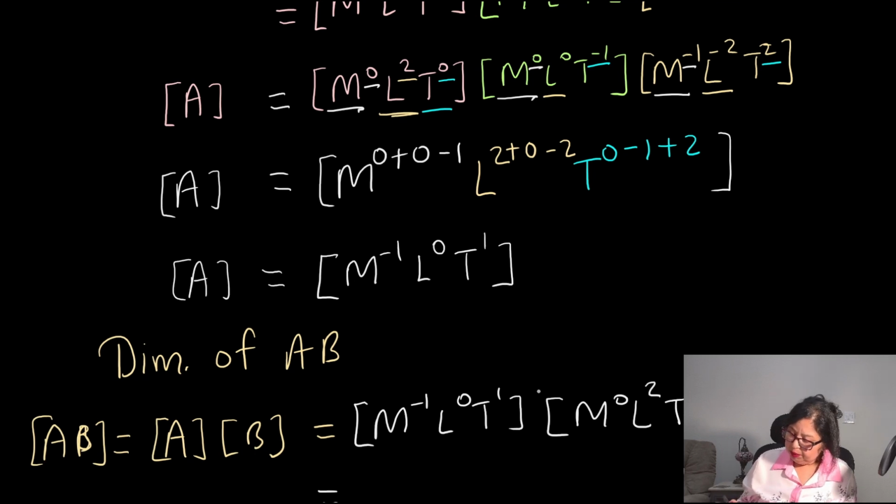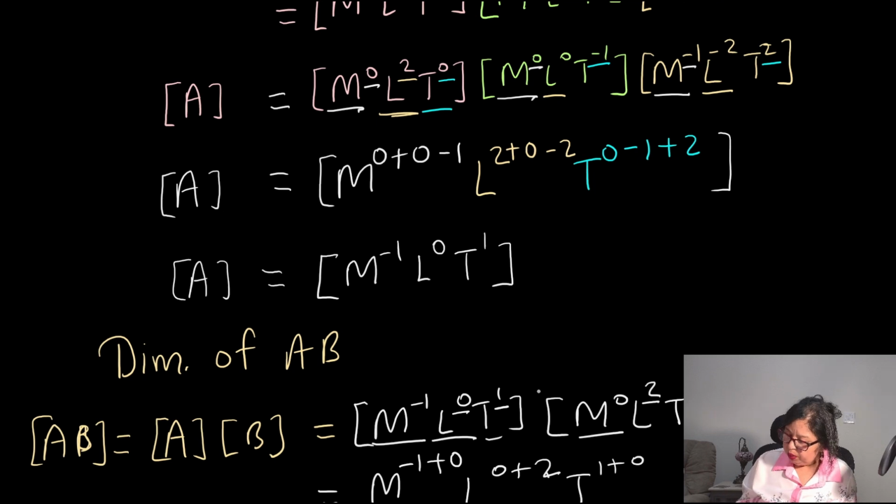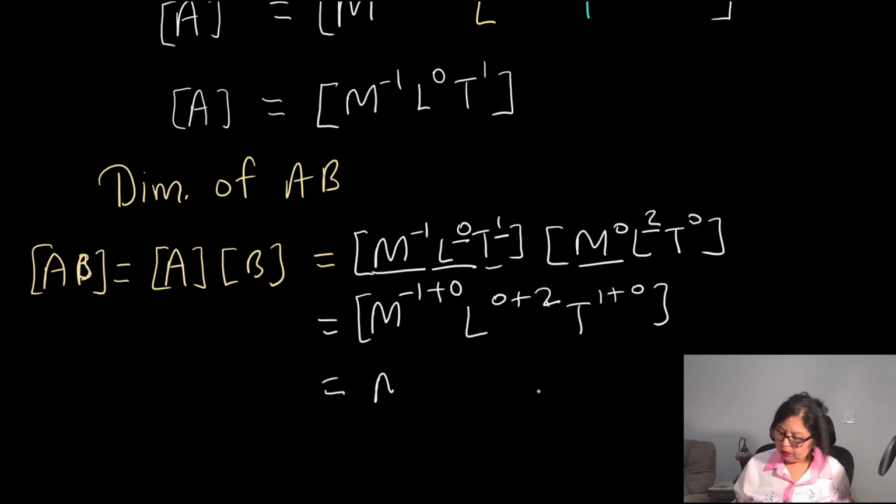This gives me now M to the power, multiply these two, -1 plus 0. L to the power 0 plus 2, which is 2. T to the power 1 plus 0.